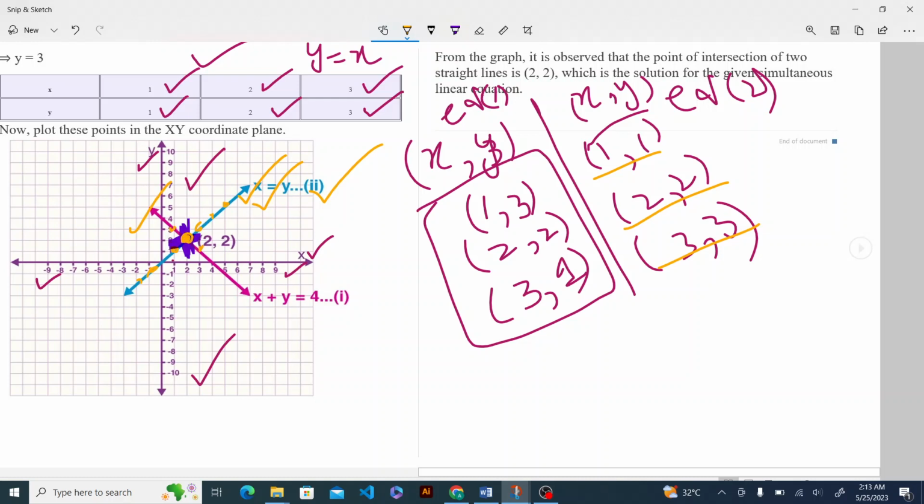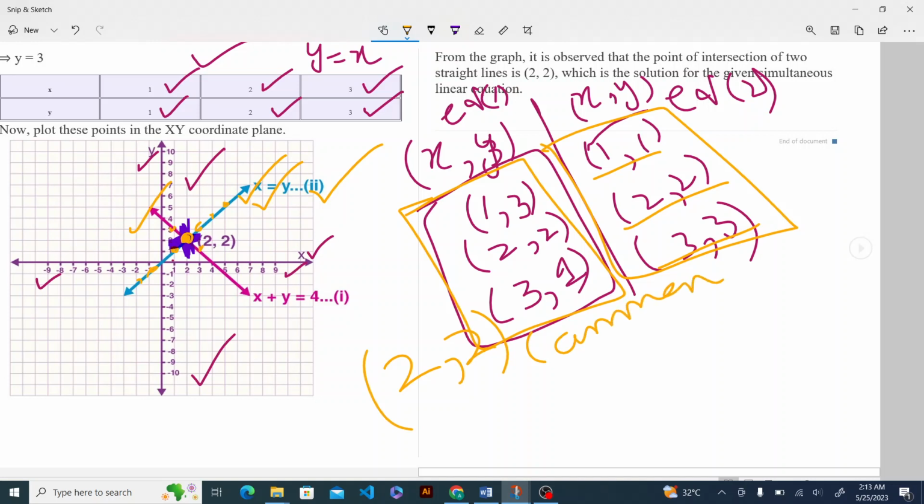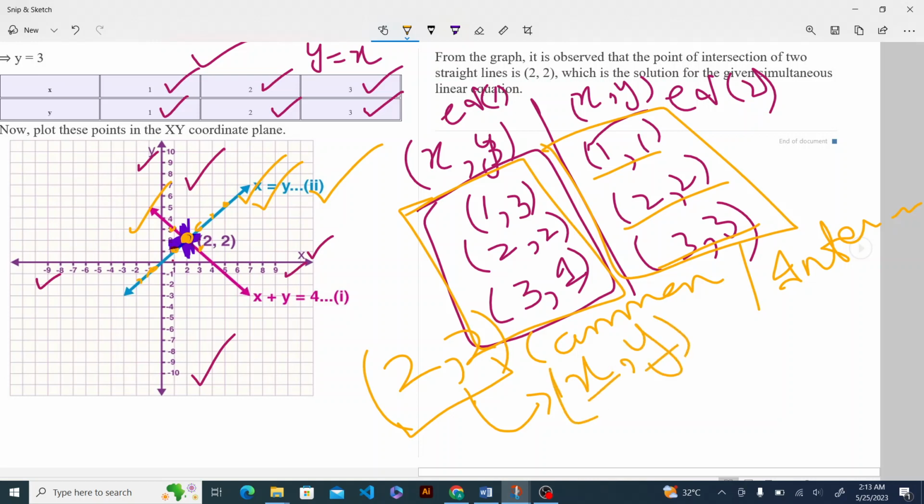This is the common point to both of the equations, for both of the points plotted for both of the equations here. So this 2 2 is the common point or intersection point. So this is the common solution to our equations in x, y variables. So this is the common solution to our given equations.